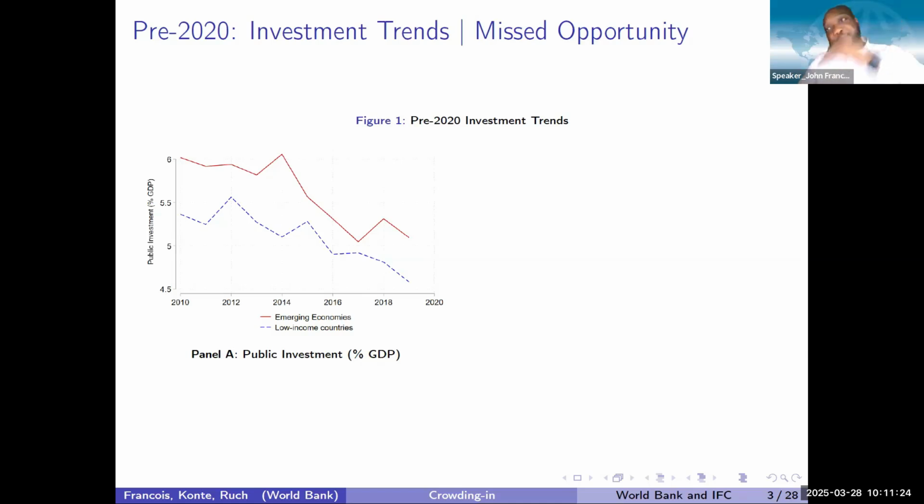In addition, it's also falling, right? So there's already a need for these countries that oftentimes have challenges with infrastructure and overall investments within those countries to see an increase to help their countries grow and try and also crowd in private investment.